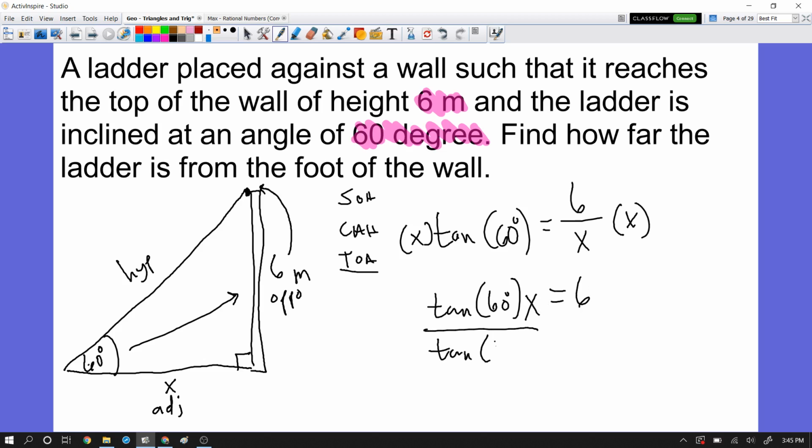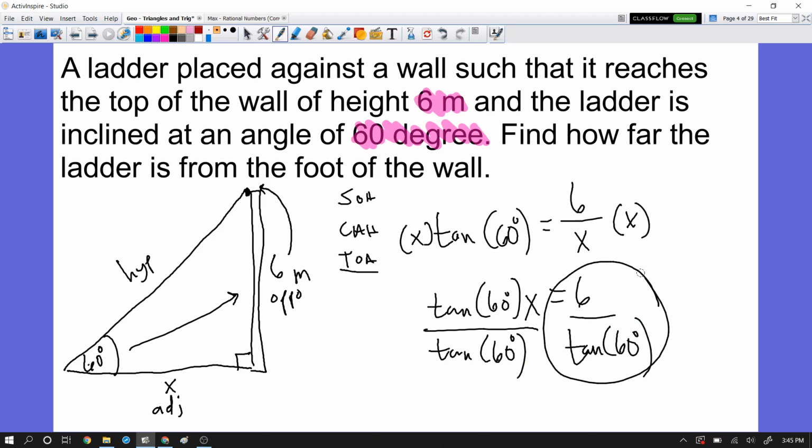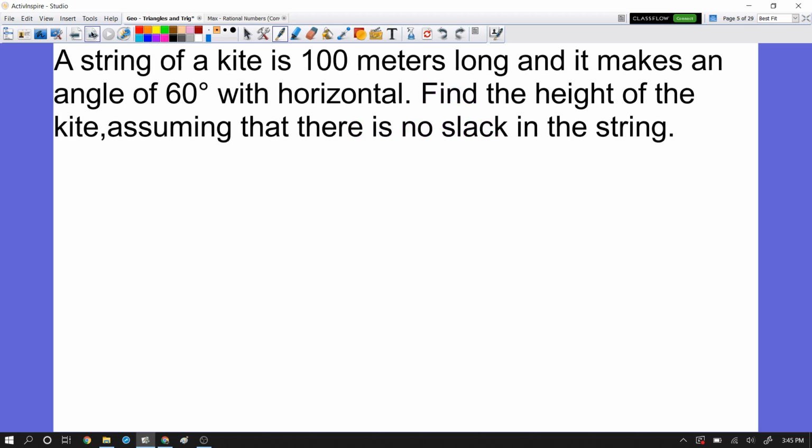We divide by it. Should be no different here. So this is the problem it turns into. If you have a variable on bottom, all it means is divide by this. Don't multiply by it. So we're given a degree measure, and we're given a side measure. Cool. We're still not inverse.